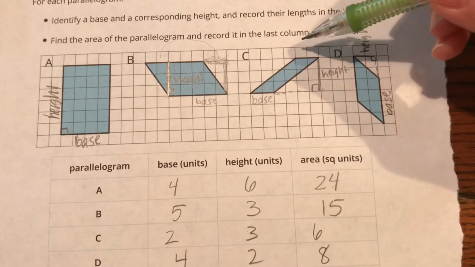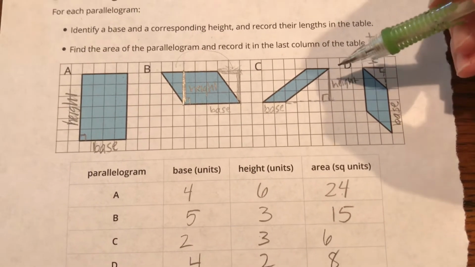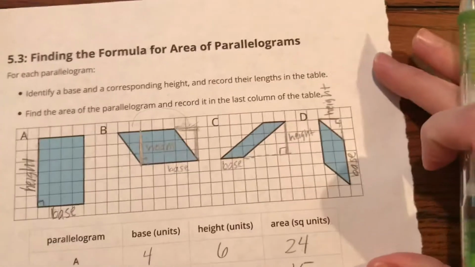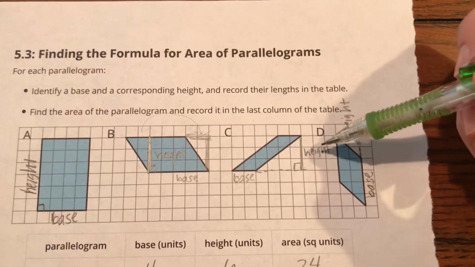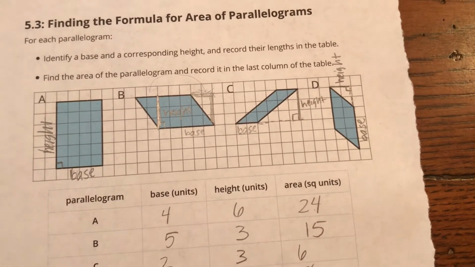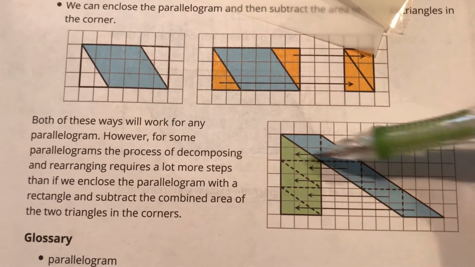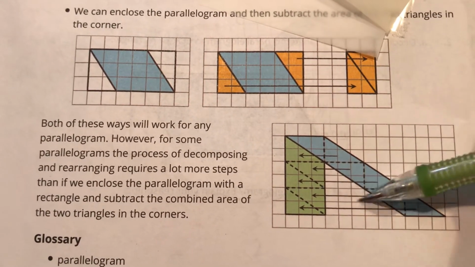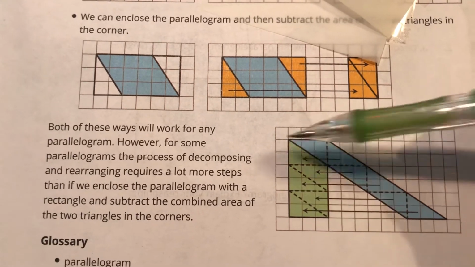This one's a little bit harder to envision how you would rearrange it. We talked about rearranging this kind of parallelogram in class using this method here, where you cut it apart and slide all the pieces over so they make a stack on top of each other.